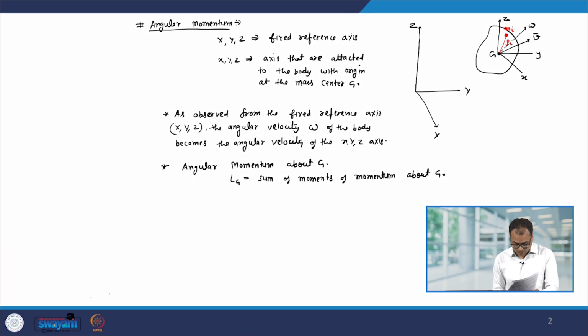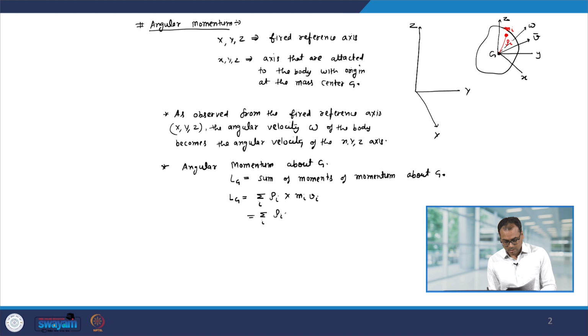So, Lg will be, let us say there are n particles, so sum over i, rho i, this is the moment, multiplied by the momentum mi vi. And since v is equal to omega cross r, here r is rho i, therefore this can be written as sum over i rho i cross mi omega cross rho i.